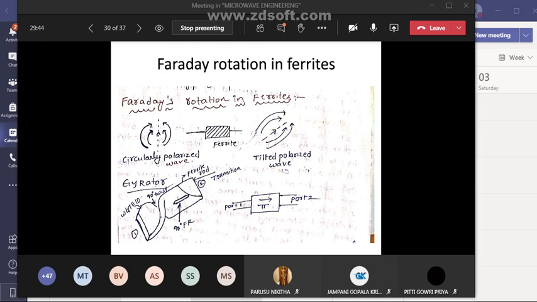So it is a tilted polarized wave, right?